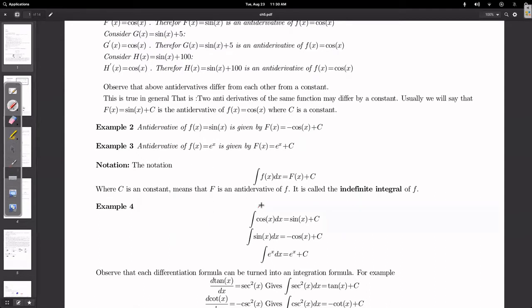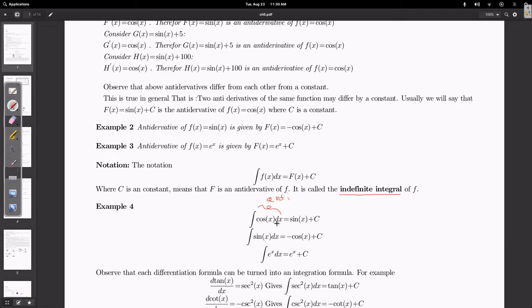So this sign is called the antiderivative, or we also call it the indefinite integral. So we can say the integral of cos x dx is sin x. Instead of saying it in words, I write it like this.